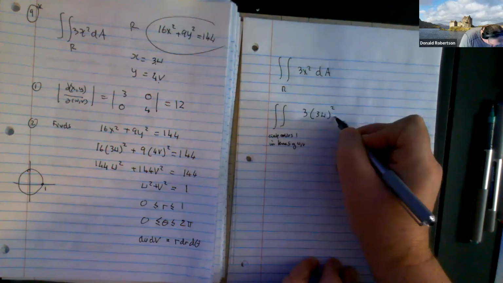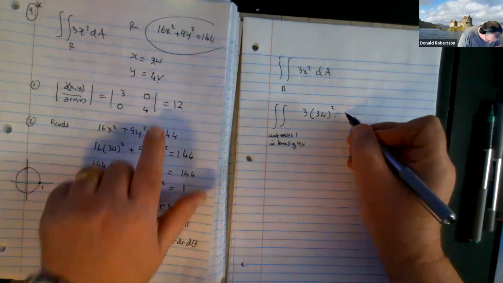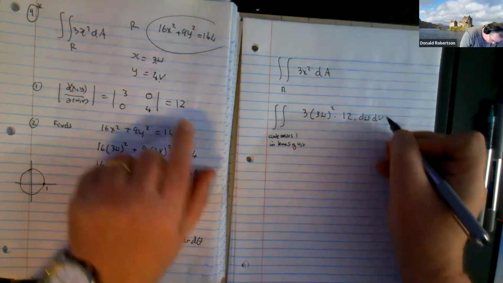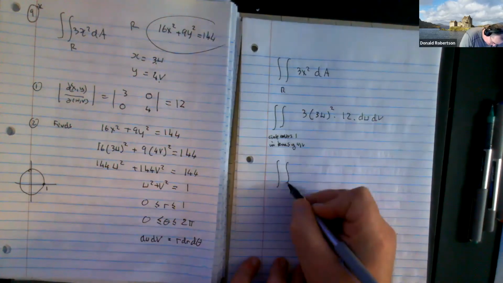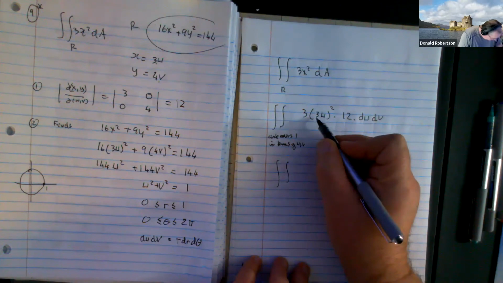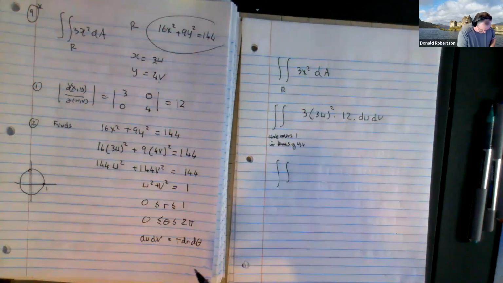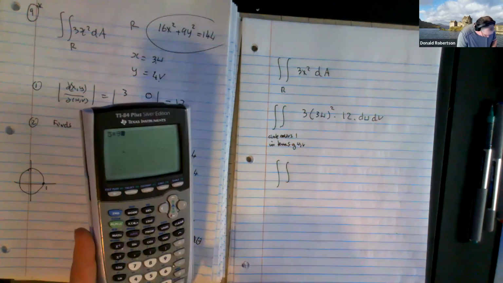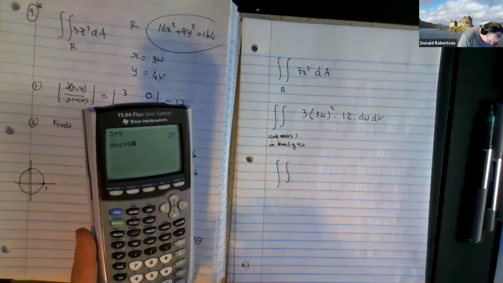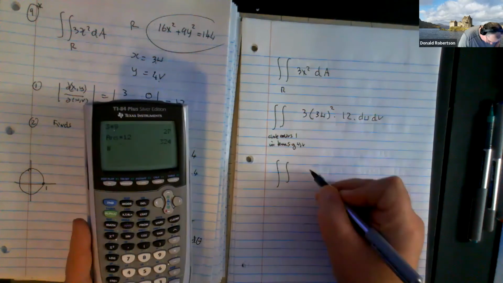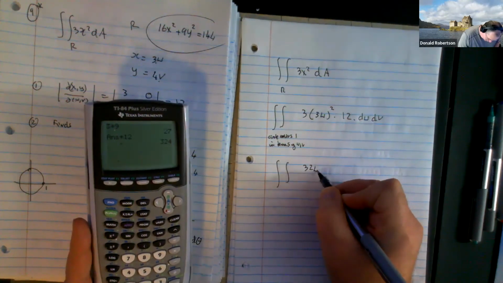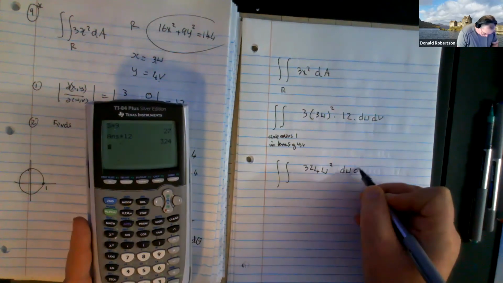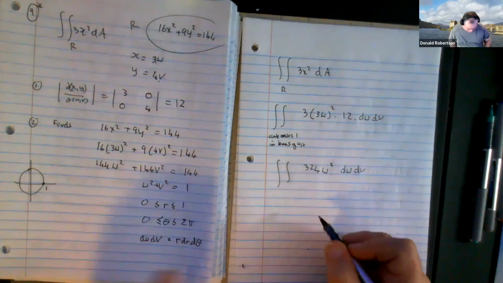The dA is going to become the Jacobian, which is 12, times du dv. So 3 times 9 times another 12 is going to be 324 u squared du dv, but it's over a circle.